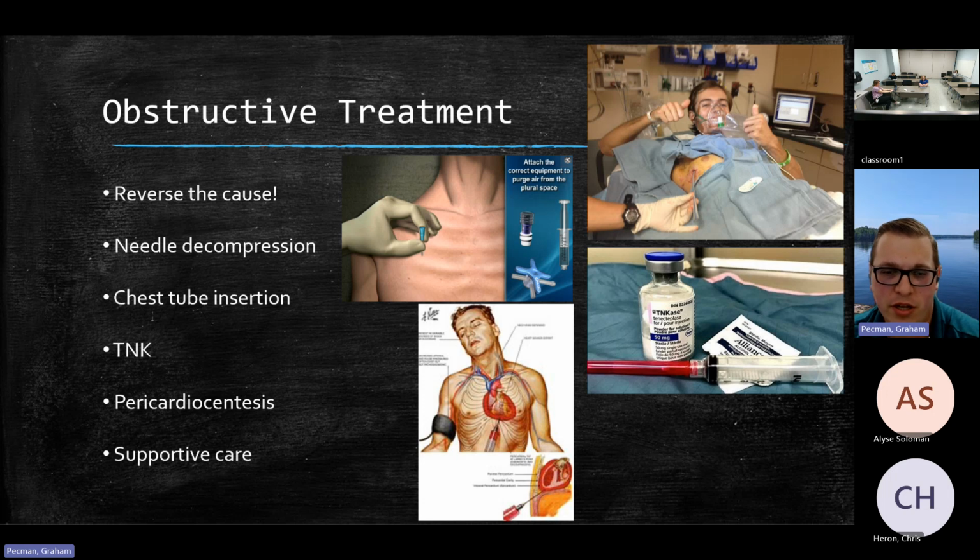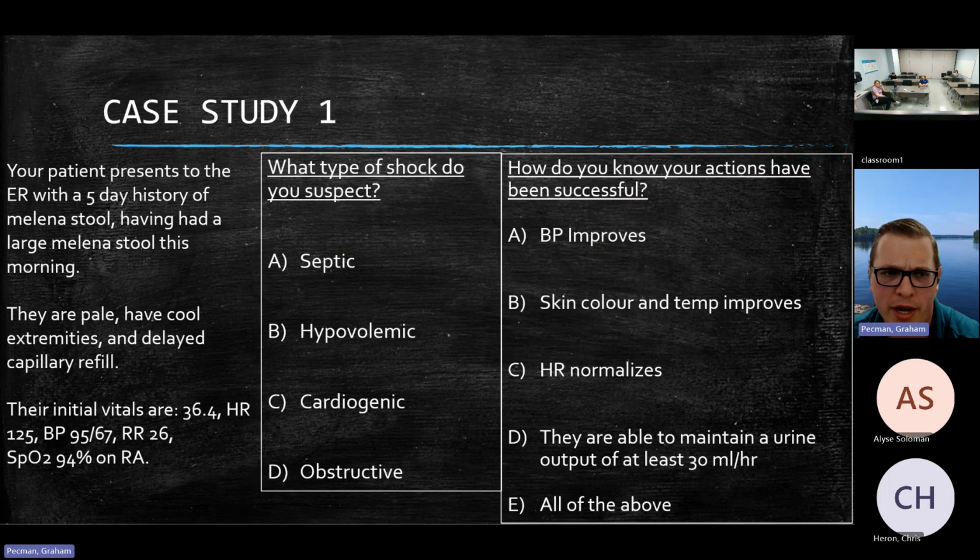So it's either they dramatically improve because of our interventions, or they will deteriorate to the point where they unfortunately succumb to the effects of the shock. So yeah, quite dramatic.